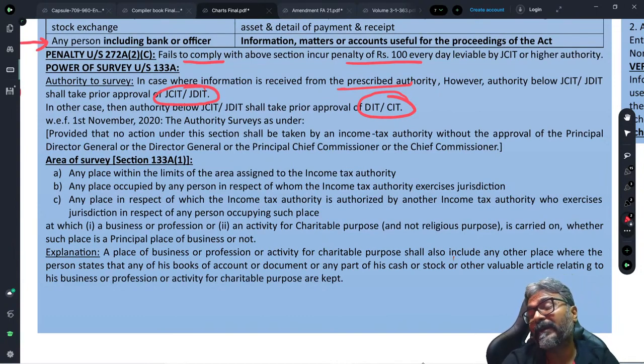But what if the reason for which you want to do the survey is not the reason coming from the prescribed authority, that is CBDT? If the reason for doing the survey is something else, now you tell me, students, in this case, are you going to tell the CIT the reason what made you think to do the survey in the premises of the SSC?